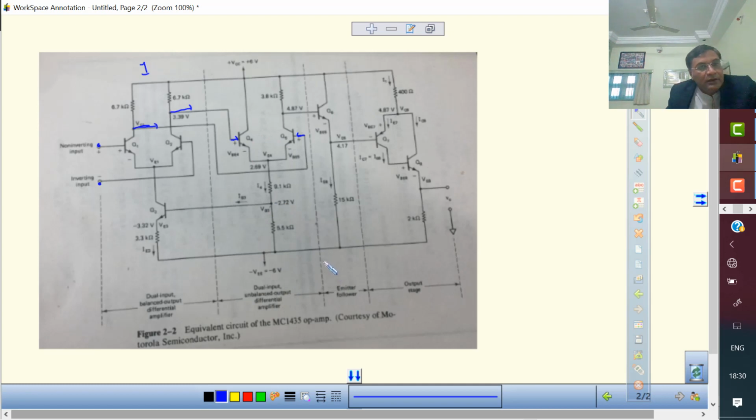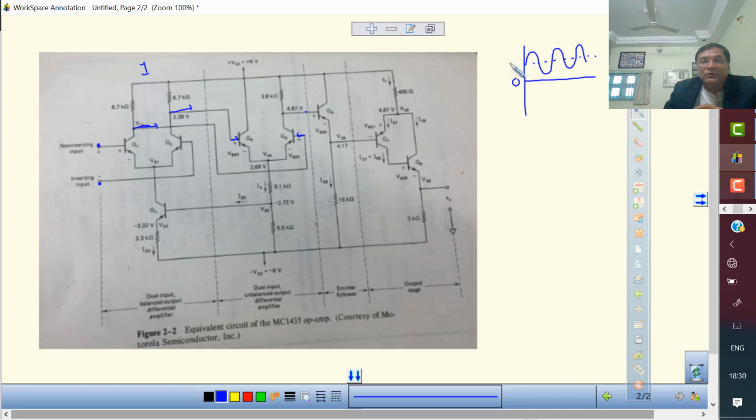Okay. Then whatever output you are getting at this point is not at ground level. Suppose you are amplifying the signal, and this is your 0. Instead of getting output at 0, you are getting output with some DC component.